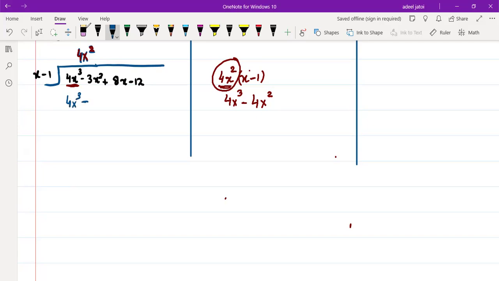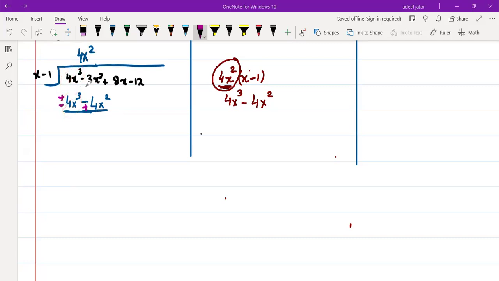Minus 4x squared. And this will then be subtracted, but we need to change signs, right? So this becomes negative and that becomes positive. The 4x cube and 4x cube cancel out.